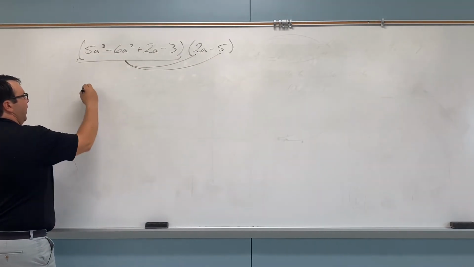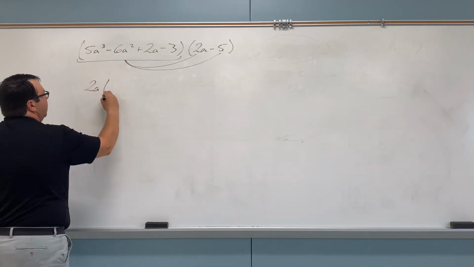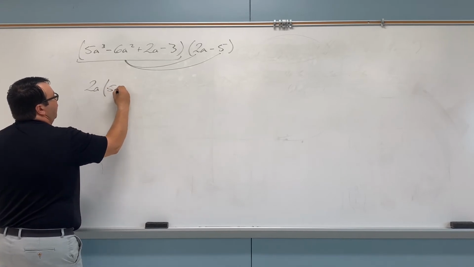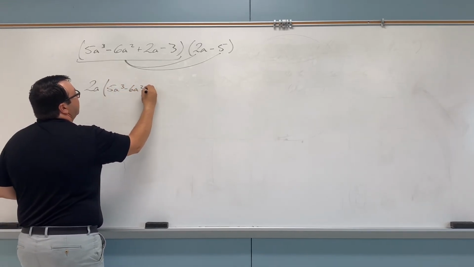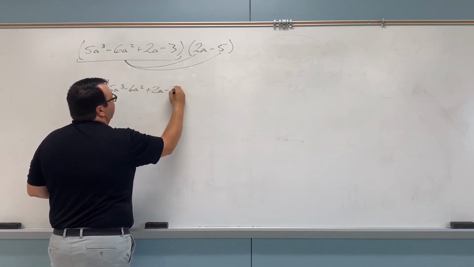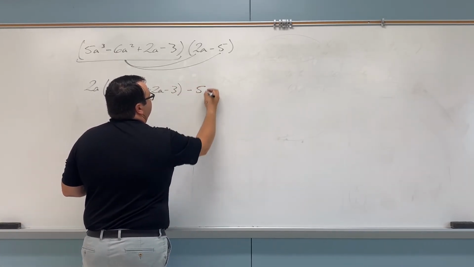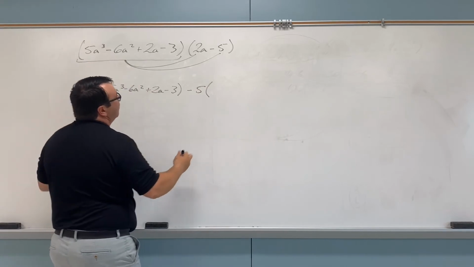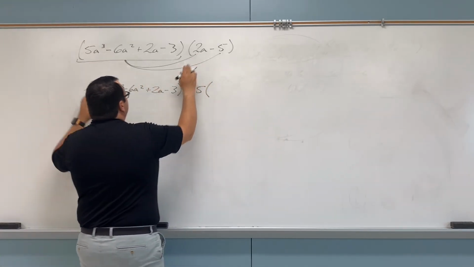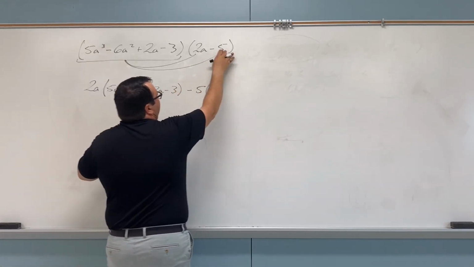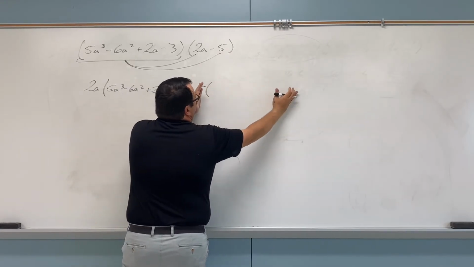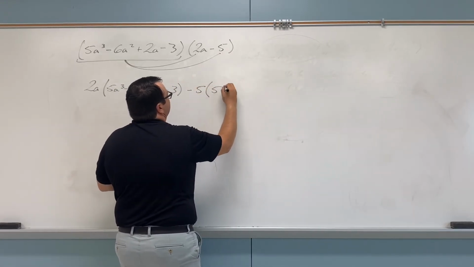So I'm going to take this entire polynomial and I'm going to distribute it to each term. That means I have 2a times my polynomial, 5a cubed minus 6a squared plus 2a minus 3, minus 5 times my polynomial. So I have 2a times the polynomial minus 5 times the polynomial. That is my structure here.